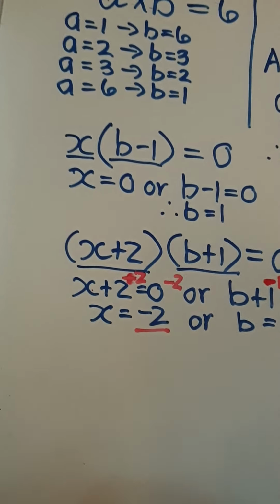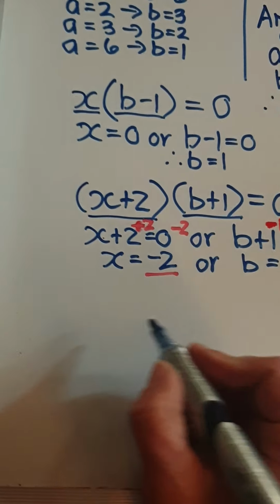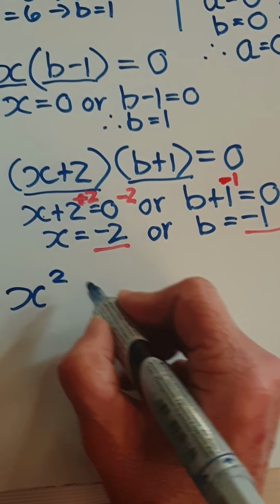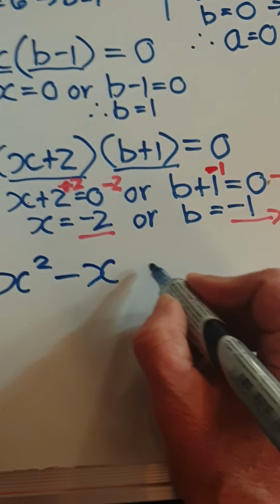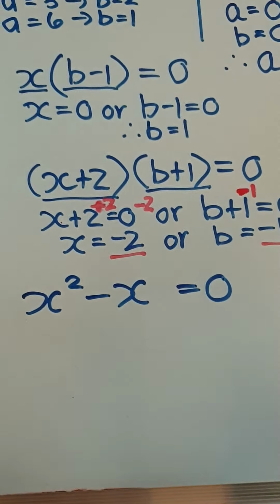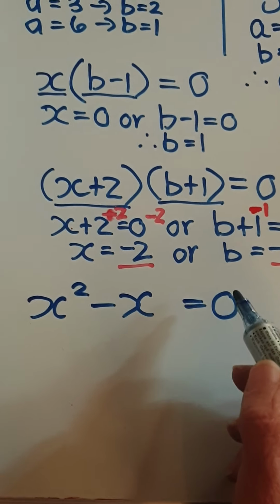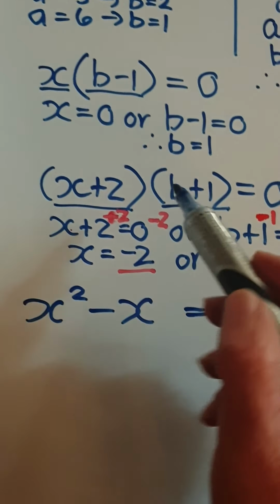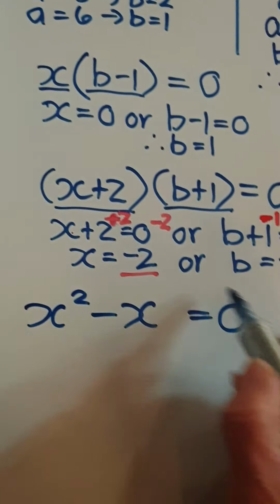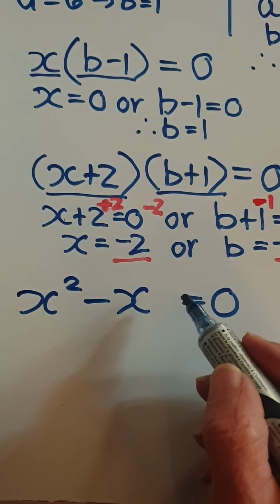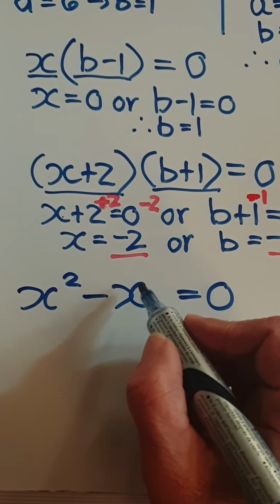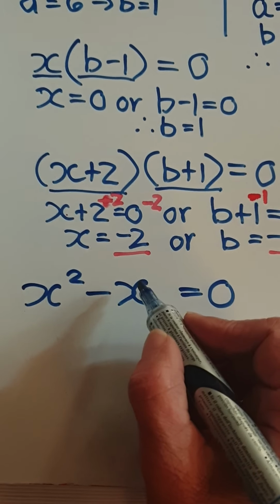If I have an expression, ladies and gentlemen, for instance x squared minus x equal to 0, and I have to solve the equation, then what can I do now? How can I use this to solve this equation? Yes, you can factorize, because you have a highest common factor here, which is x.